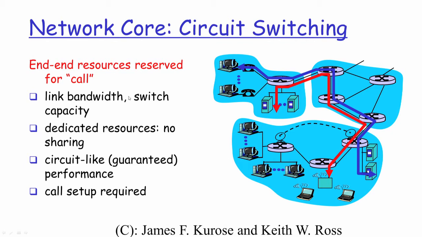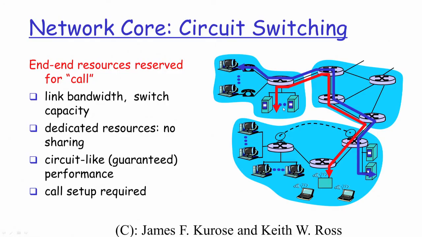There is a parameter, the link bandwidth we defined in our previous module, that needs to be identified and appropriately selected, because it decides the switching capacity for my packets from one device to the next on the path. And these are dedicated resources, with no sharing.